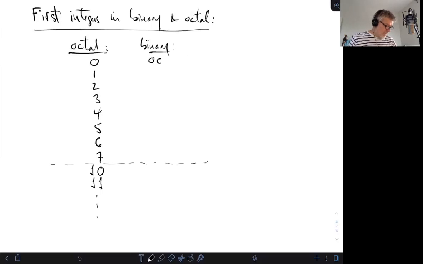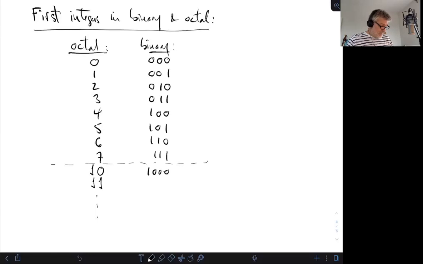So binary 0 is just 0, 0, 0. 1, what is 2 in binary? This is 1, 0, right? 3 and 4 and 5 and 6 and 7, right? And then you need an extra bit. Once you go to 8, obviously you need the extra bit like that.